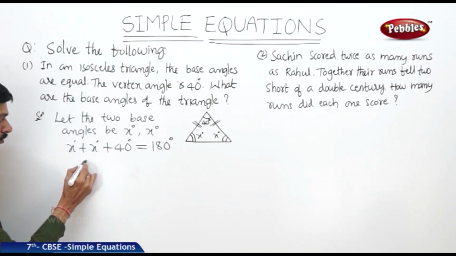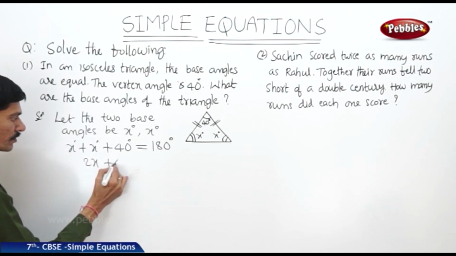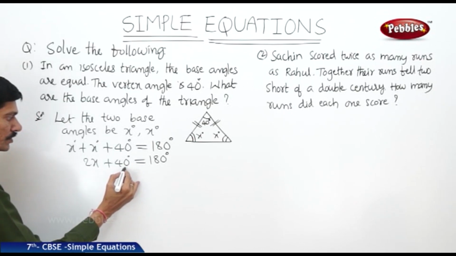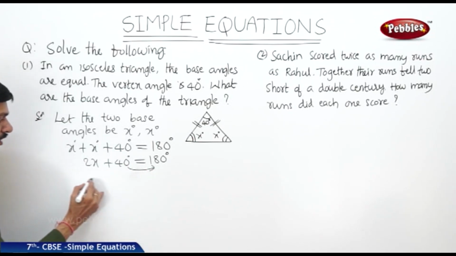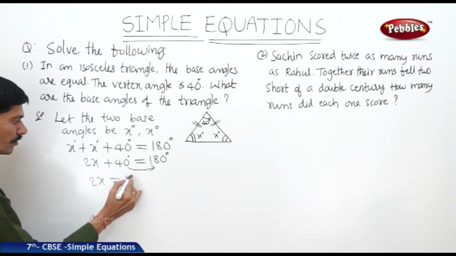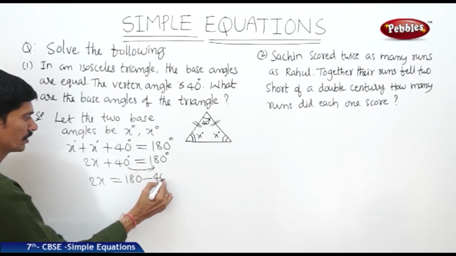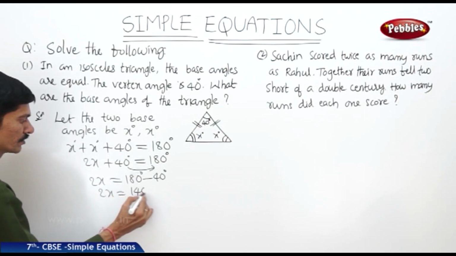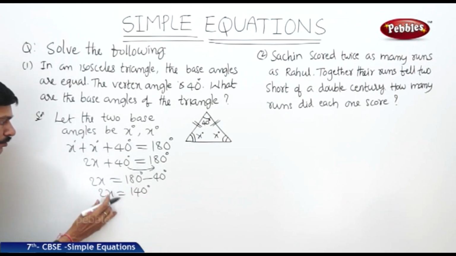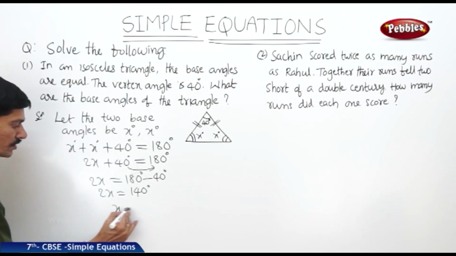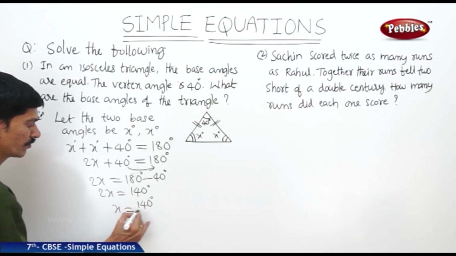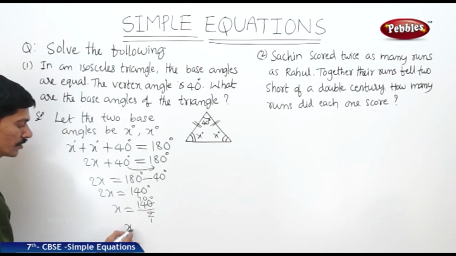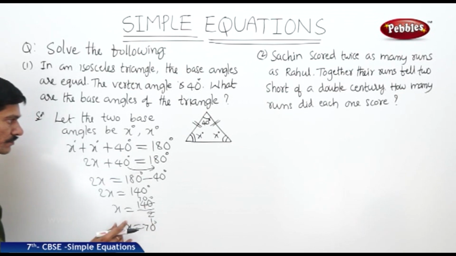Then x plus x is 2x, plus 40 degrees equals 180 degrees. By transposing 40 degrees to the RHS, we get 2x equals 180 minus 40 degrees, so 2x equals 140 degrees. Now by transposing into 2 to the RHS, we get x equals 140 degrees by 2. Then 2 ones are 2, 2 sevens are 14, 0. Then x equals 70 degrees.